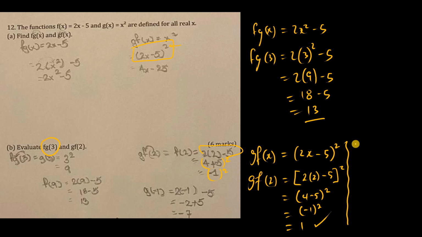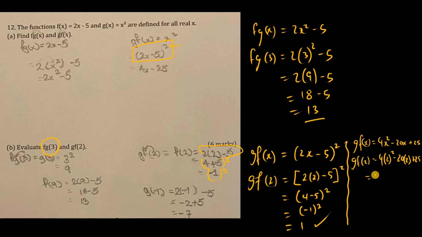Alright, so let's look at it again. If I use the other one, remember I also said that g of f of x is 4x squared minus 20x plus 25, and we put g of f of 2 there. It's going to be 4 times 2 squared minus 20 times 2 plus 25.